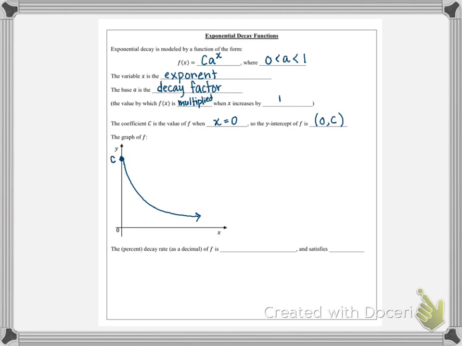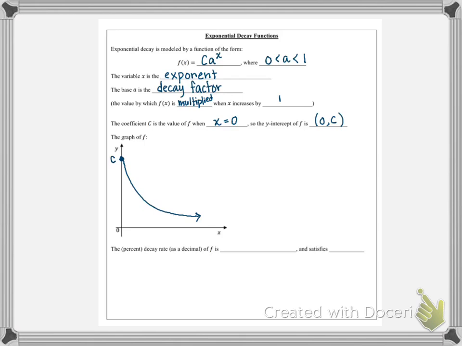Will my output ever be 0? It won't, right? Because the only way to get 0 through multiplication is to multiply by 0. And so no matter how small it gets, it's never actually going to hit 0. It'll get smaller and smaller and smaller. So we approach 0. So we have a horizontal asymptote at y equals 0. We'll get infinitely close to it as x gets bigger, but we're not actually going to have an x-intercept.